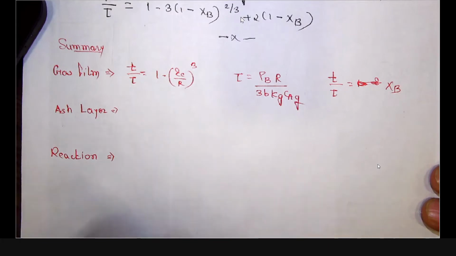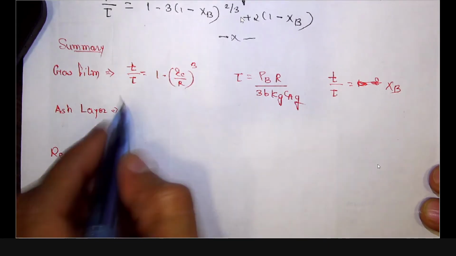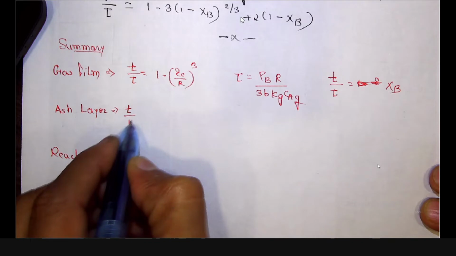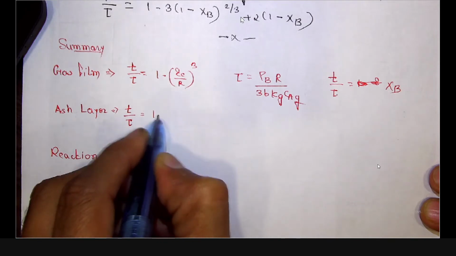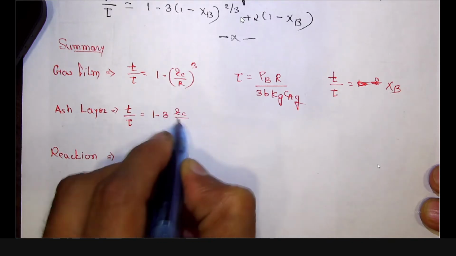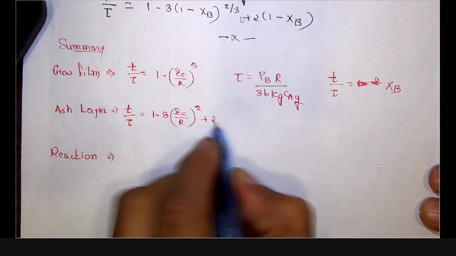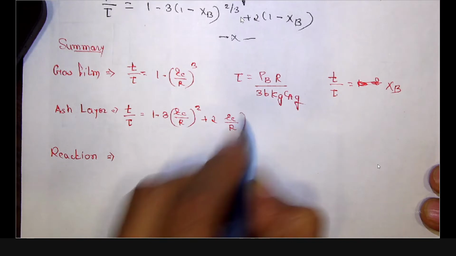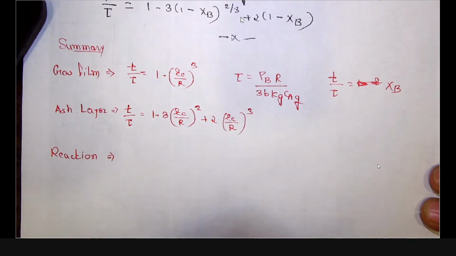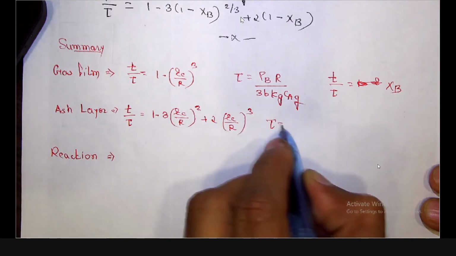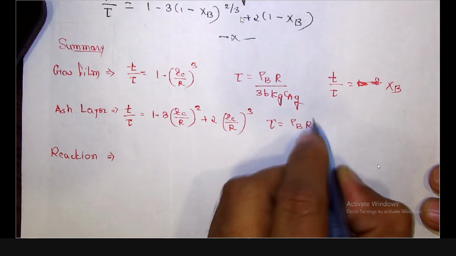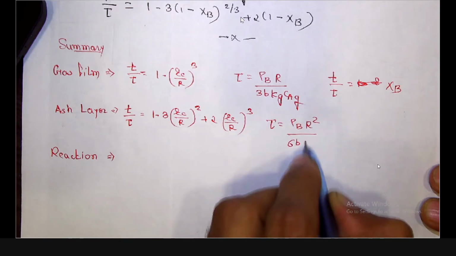Another one is that t upon tau for the ash layer is 1 minus 3 (RC upon R) square plus 2 (RC upon R) cube, and tau is equal to rho B R square upon 6b DE CAG.